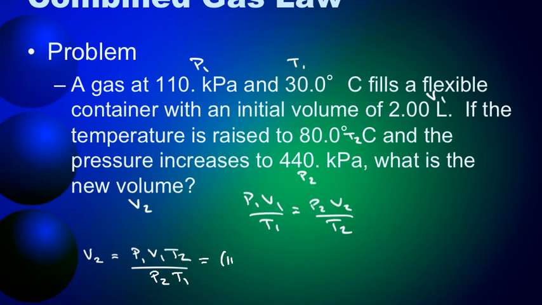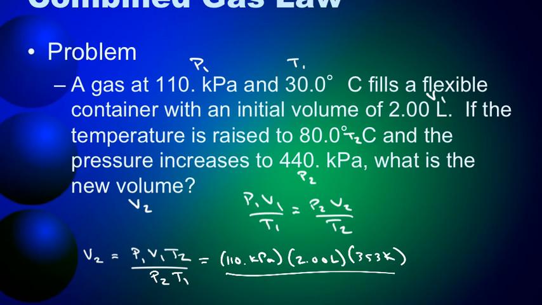Initial pressure, 110 kilopascals. Initial volume, 2.00 liters. Final temperature, we need to add 273 to it to turn into Kelvin, so that's 353 Kelvin. The most common mistake here, oftentimes with the combined gas law, is flipping the temperatures, right? That's T2.